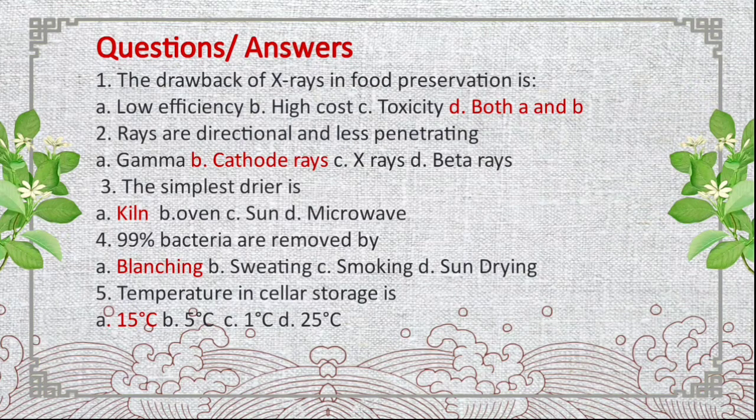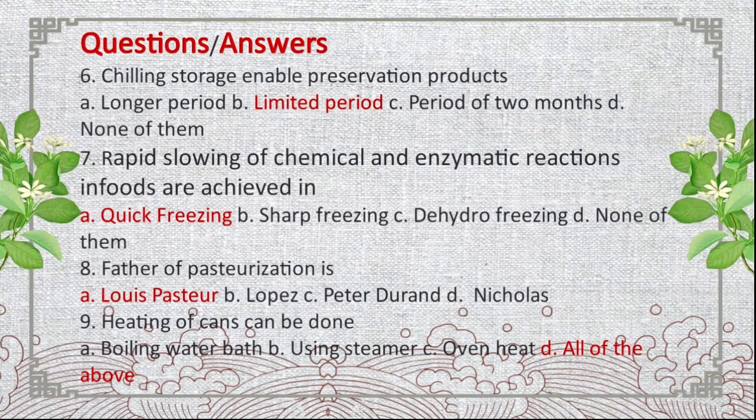An example of the simplest dryer is the kiln dryer. 99% of bacteria are removed by blanching. Temperature in cellar storage is 15 degrees centigrade. Chilling storage enables preservation of products for a limited period.